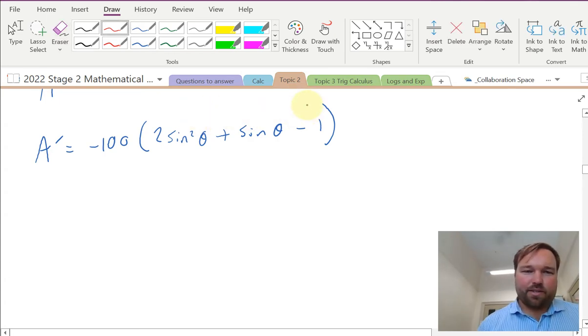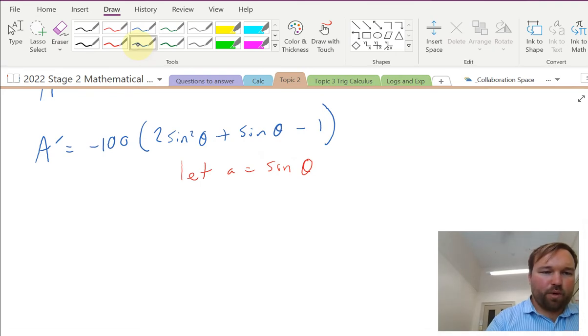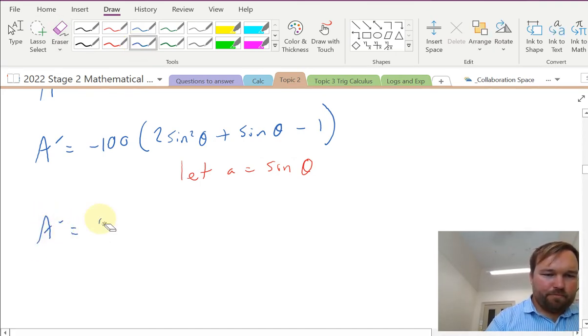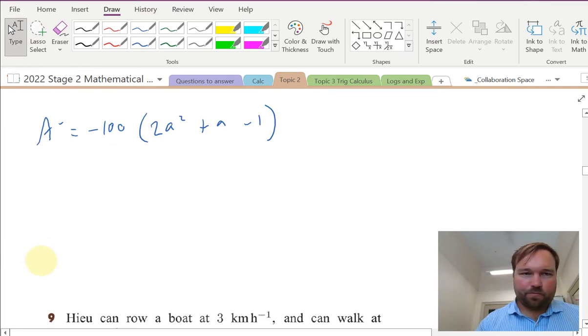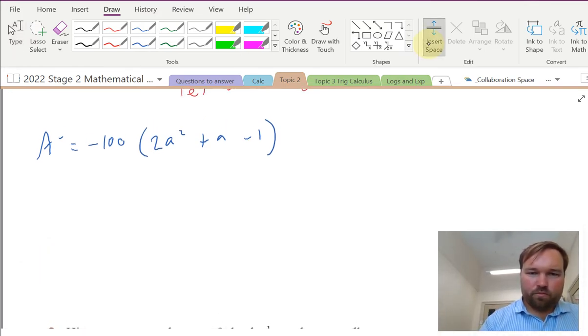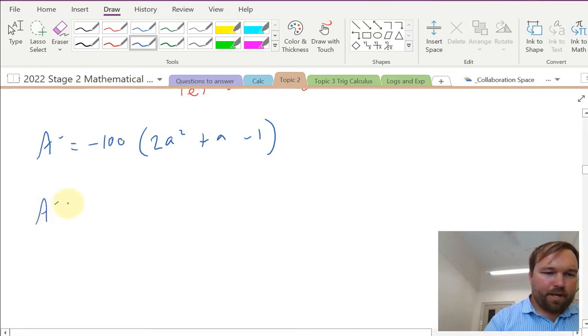When you get a quadratic in disguise, I would let A equal sine theta. And therefore, what you've got is minus 100 2A squared plus A take 1. And then we're looking to factorize. A dash equals minus 100 bracket.